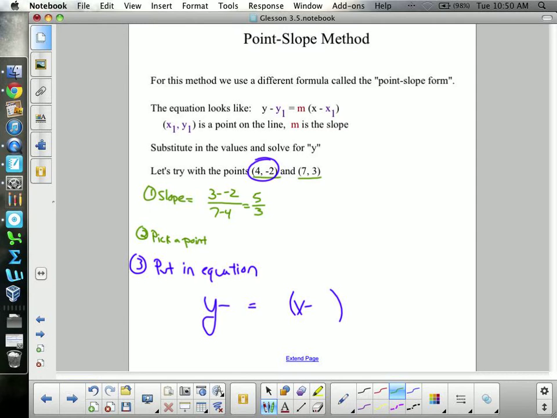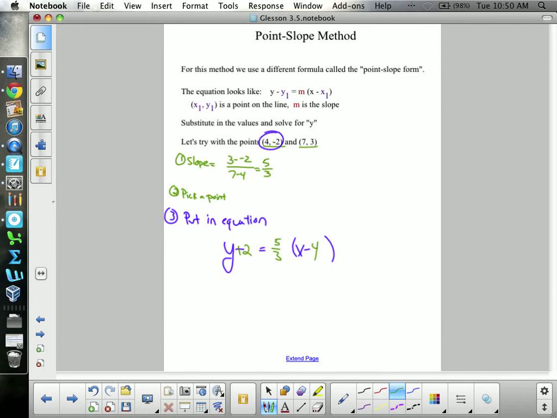y minus the y coordinate, which is -2, so y plus 2 equals m, which we just found is 5/3, times (x minus 4). So we have to plug things in the right spots. That's important. Once they're plugged in, all we do is two steps usually. Distribute: 5/3 x minus 20/3.